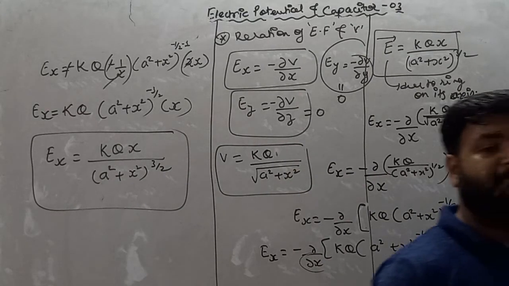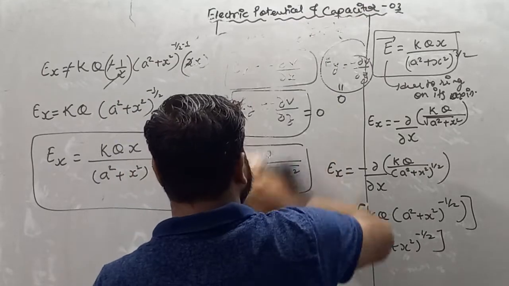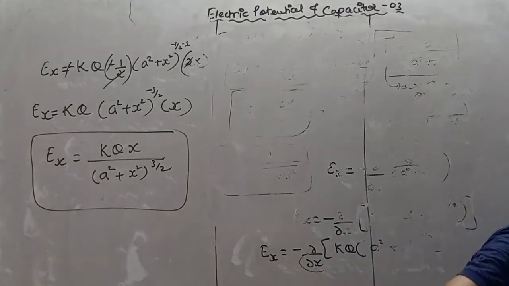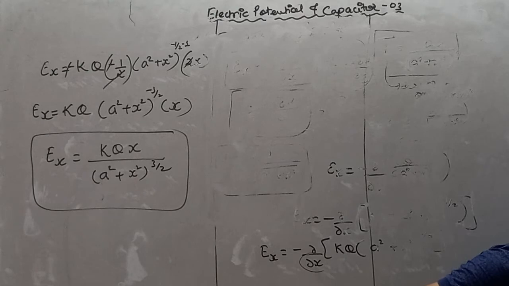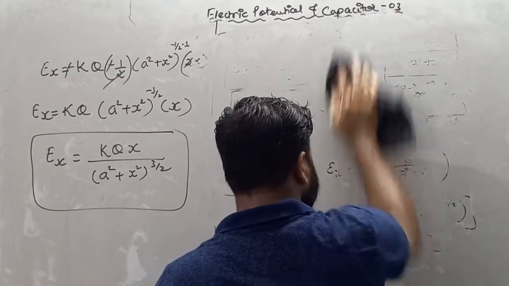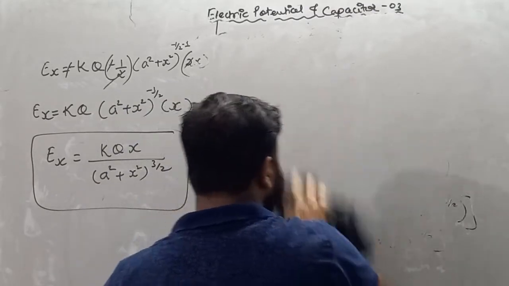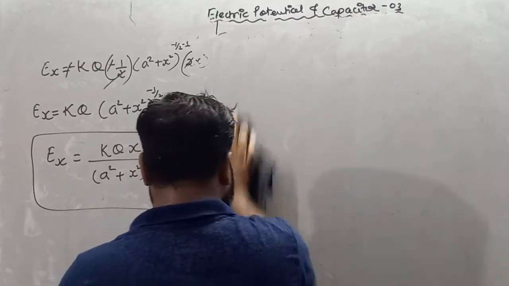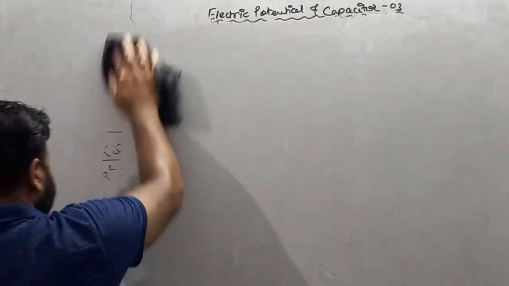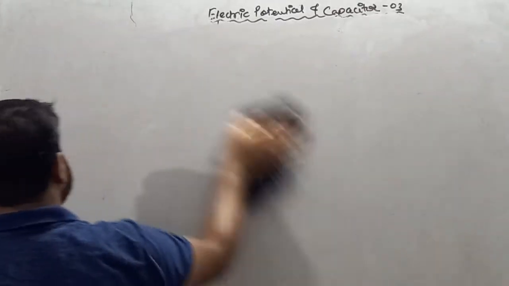Moving forward, let's take another topic. Write down: electric potential due to a uniformly charged thin spherical shell.